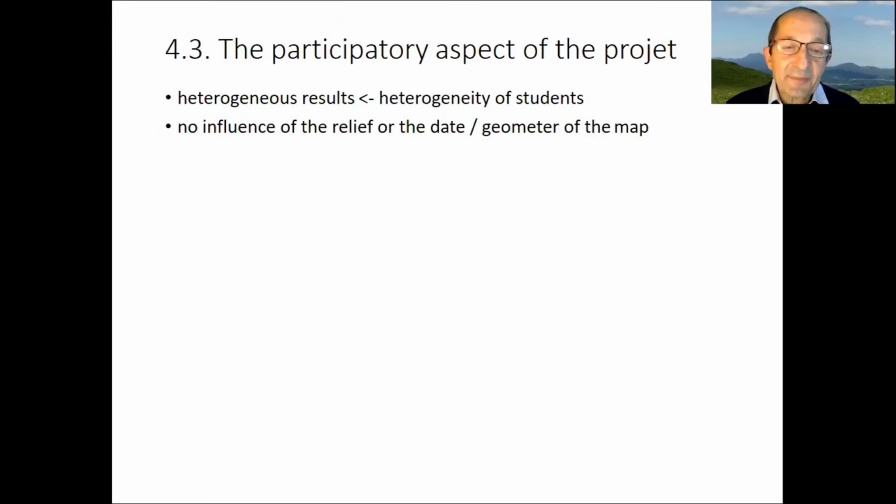And what about the participatory project? Well, the results of the work made by the students are not always perfect. There is a heterogeneity of the results related to the heterogeneity of the students in their formal knowledge and also their motivation. And it was not connected to the quality of the map of the surveyor or the landform or the date. But we made an interview with agronomic students to know their opinion of this work.